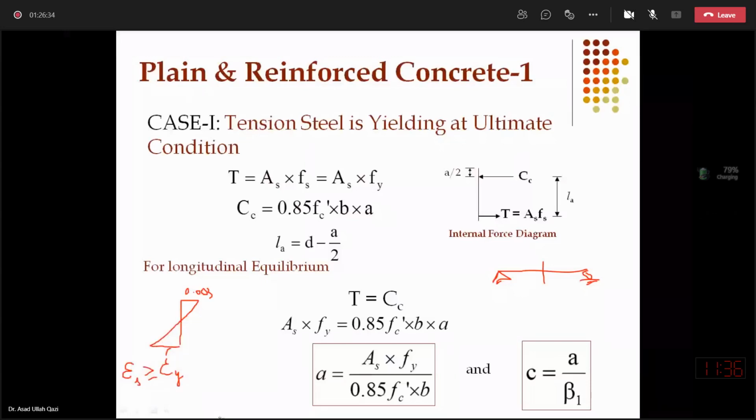So we are talking about this case one, that crushing occurred in concrete, and at that stage steel yielded. So the minimum strain at that stage will be, if it is grade 300, the strain in the steel will be 0.0015 or bigger.